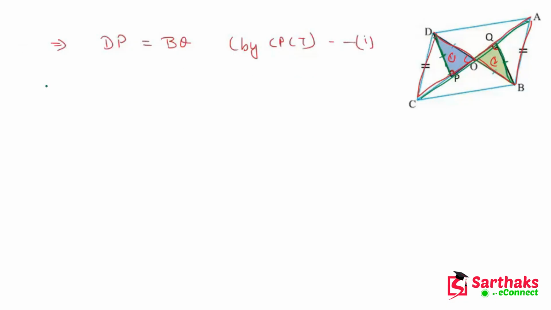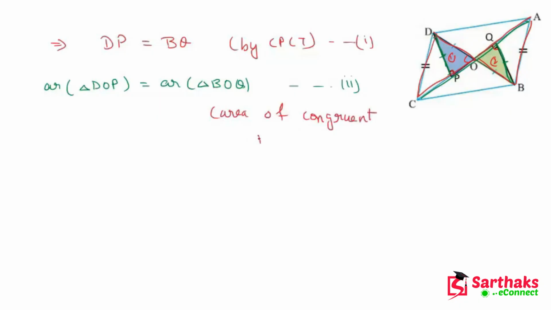And also we can say that the areas of these two congruent triangles are equal. So area of triangle DOP is equal to the area of triangle BOQ. Let's suppose this is equation 2, and the reason is we know that the areas of congruent triangles are equal.